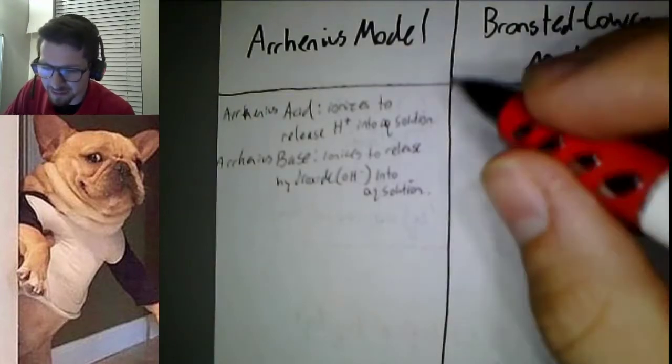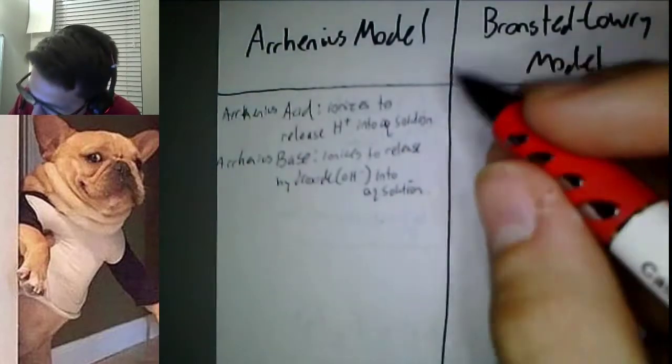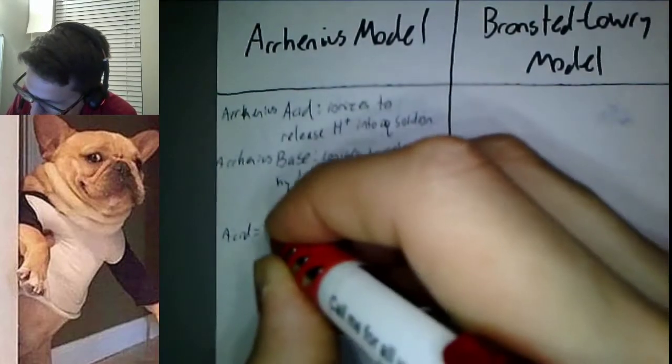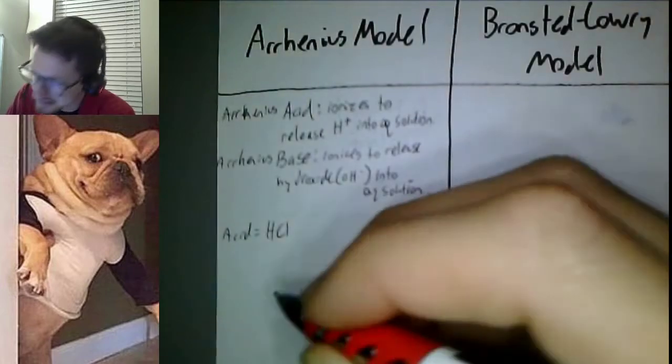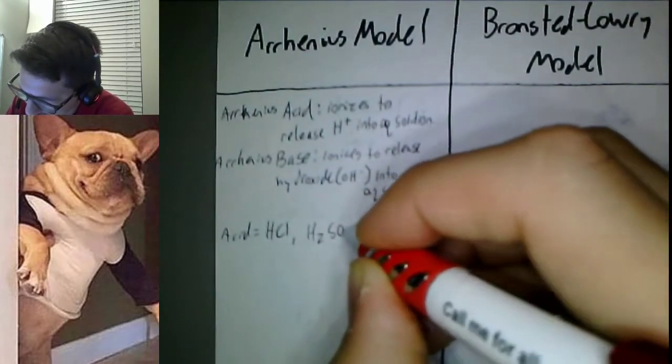So this is the way Mr. Arrhenius would describe these. In other words, what he looks at as an acid would be HCl, because that's going to lose an H. Maybe H2SO4.